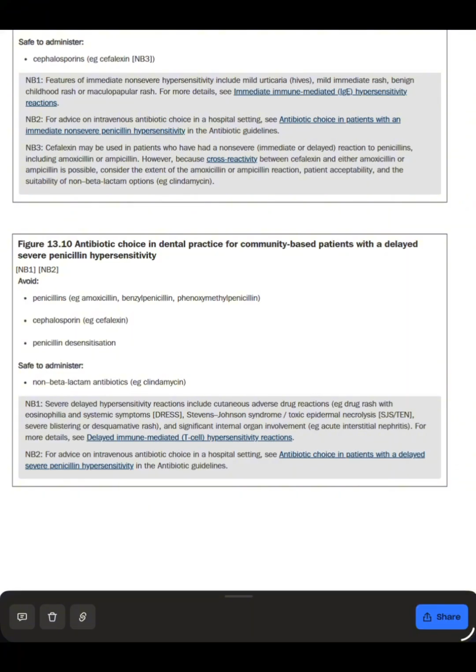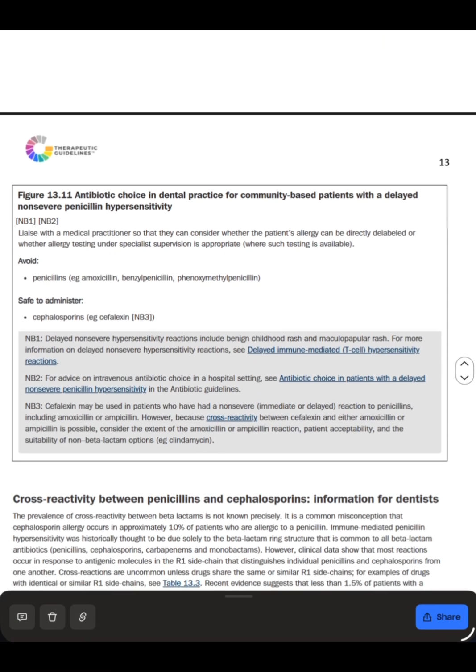In these conditions, we need to avoid penicillin, cephalosporin, and also penicillin desensitization. We can't go for that if the patient has delayed severe penicillin hypersensitivity. It is safe to administer non-beta lactam antibiotics, which is clindamycin.